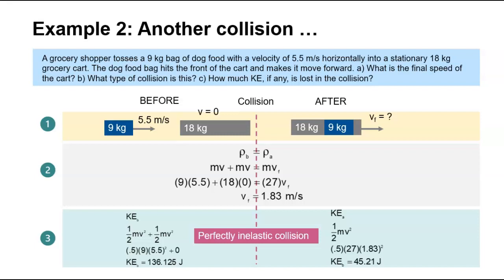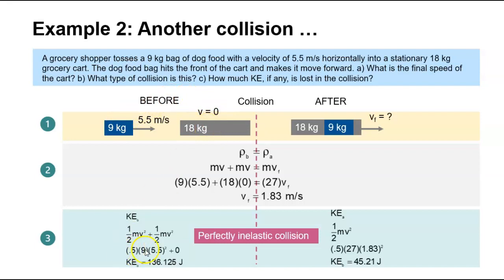But what if we wanted to know, part C, how much kinetic energy, if any, is lost in the collision? Then I'm going to have to find the kinetic energy before and the kinetic energy after and subtract them. So here again I have two pieces, 1/2 mv squared for the dog food, 1/2 mv squared for the cart.